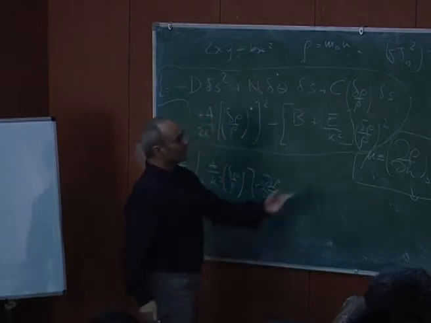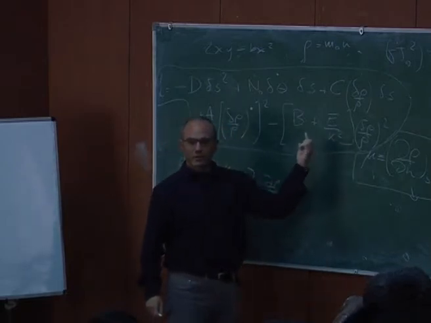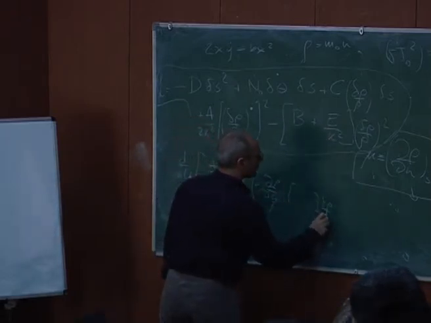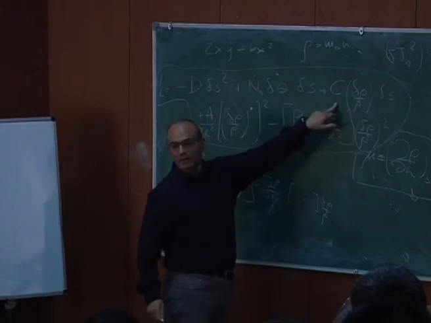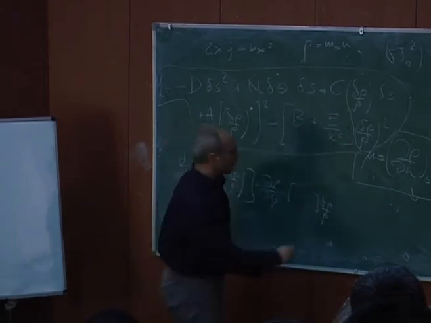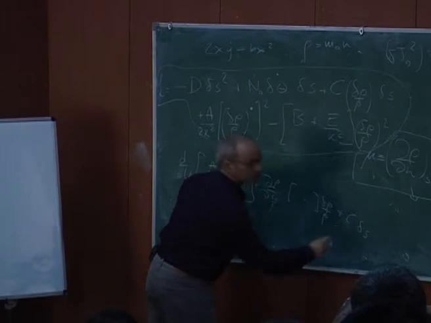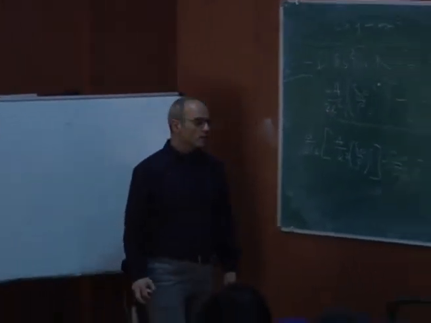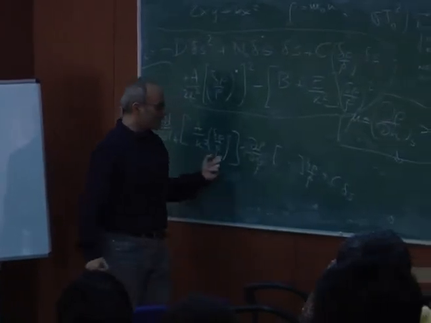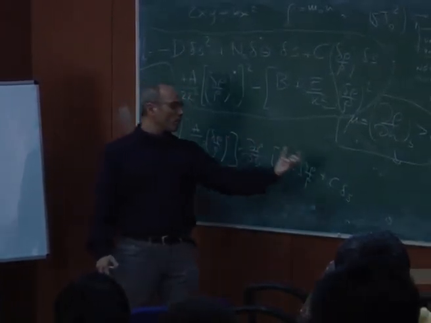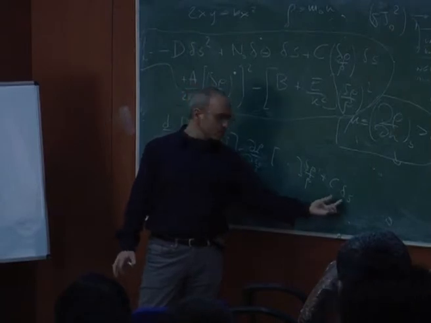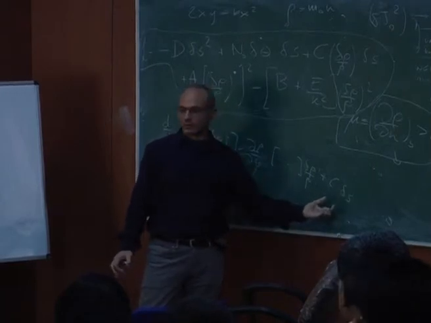So there will be a mass term, something proportional to delta rho divided by rho, plus c delta S. So the dynamics of delta rho will feel this constant source, a constant times a background quantity.